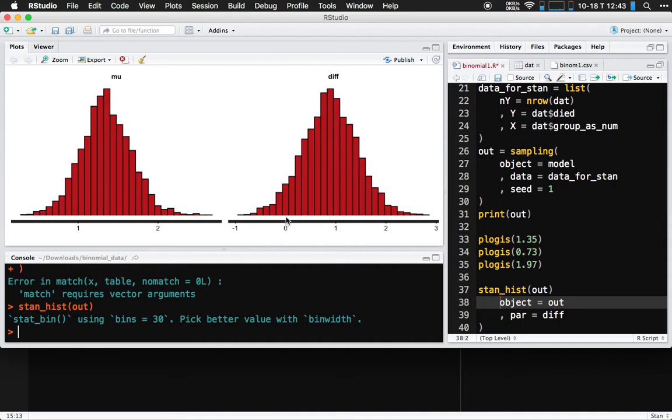0 as the amount of difference is still fairly credible. Now, this is on the log scale, but 0 on the log scale for a difference is the same as 0 on the probability scale for the difference. So 0 is still fairly credible.